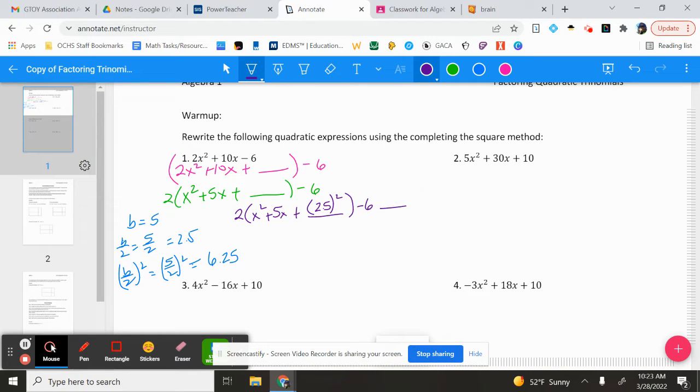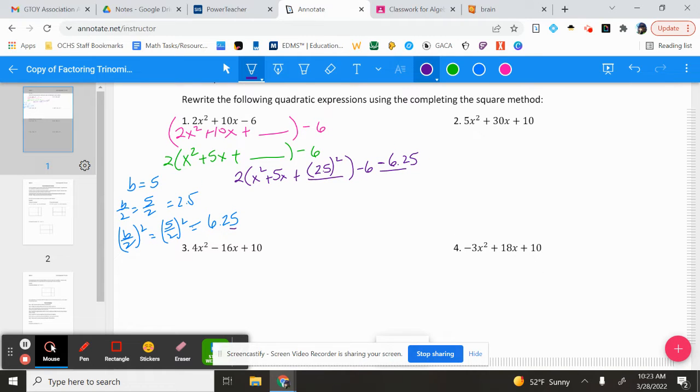But remember, if I put it in here, I also must take it out, and so I take that value where it was squared and I subtract 6.25. The only thing I have to remember, though, is this 6.25 was also being multiplied by 2, so I need to take that value and also multiply it by 2. Because what I put in was 2 times 2.5 squared, so I need to take what 2.5 squared is, 6.25, and multiply it by 2 as well.